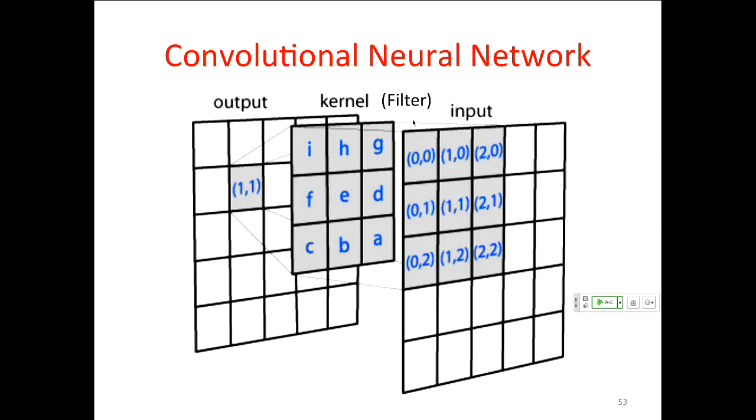So in project 3, the prediction function is looking at these local regions, multiplying the input and kernel, and you will get the output here.